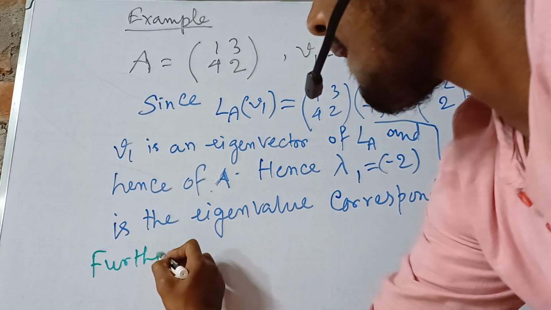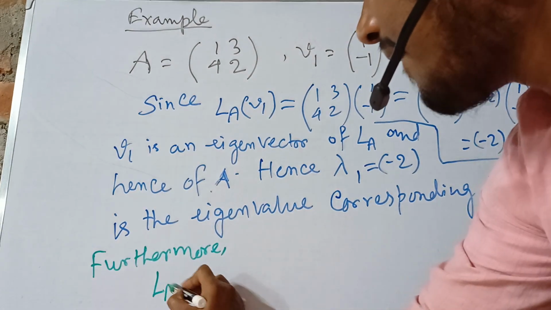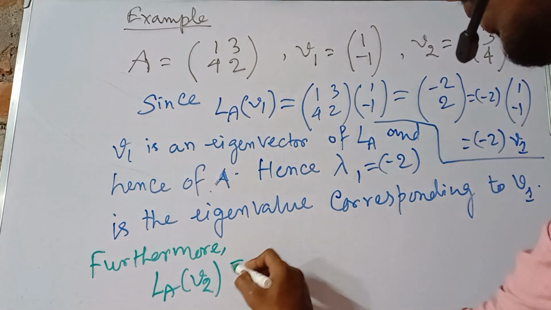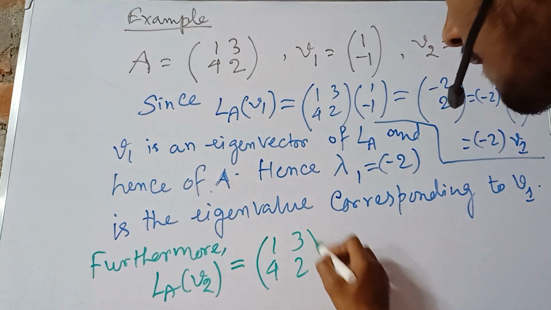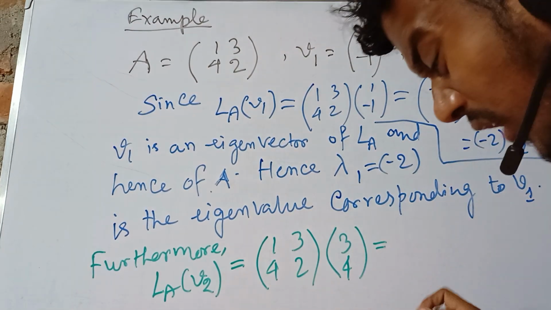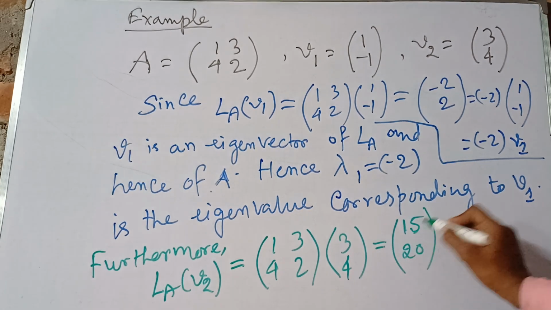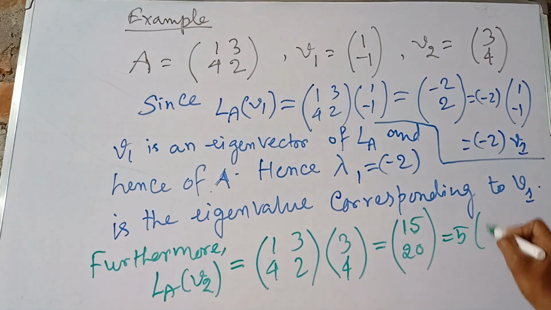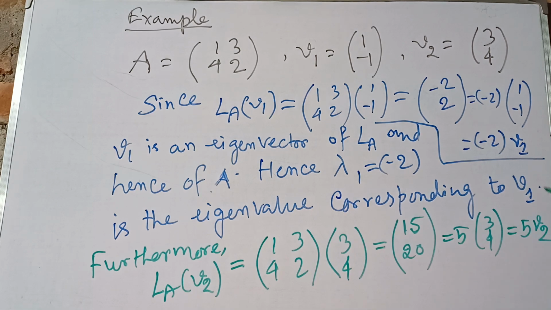Furthermore, L_A v2 equals the matrix 1 3 4 2 times (3, 4), which equals (15, 20). Then here it is 5 times (3, 4), that is 5 v2.